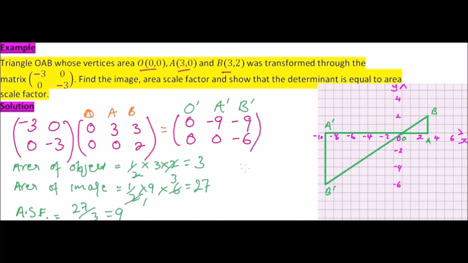Since our transformation matrix is minus 3 times 0, 0 minus 3, it will be minus 3 times minus 3 minus 0 times 0, which should give us 9. So we can clearly see, as we are taught, that the determinant of the matrix is equals to the area scale factor, and that is what we wanted to achieve.